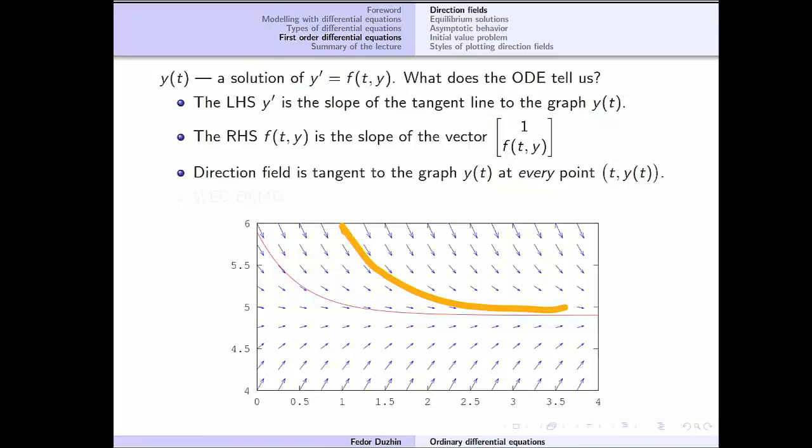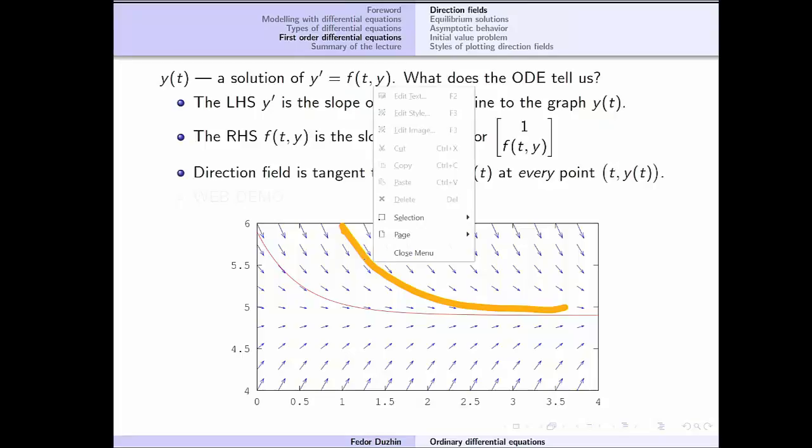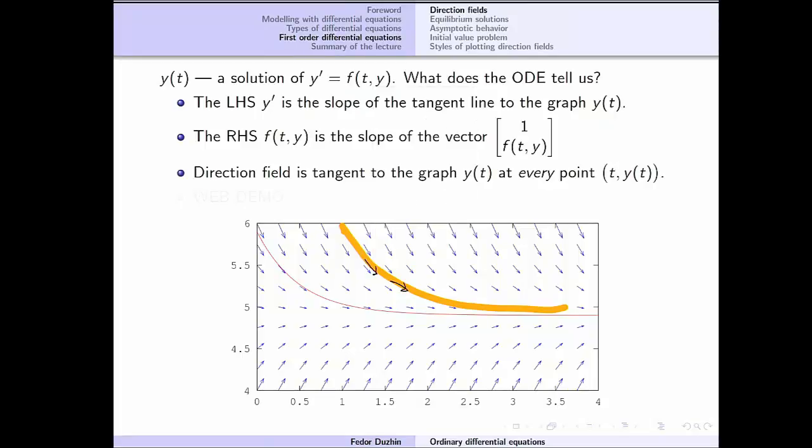If you plot the tangent vector at every point of this solution, then it will exactly be the vector that we calculate according to the rule of the direction field.